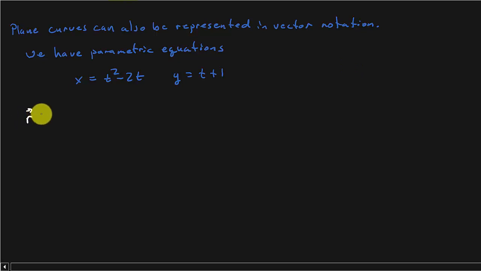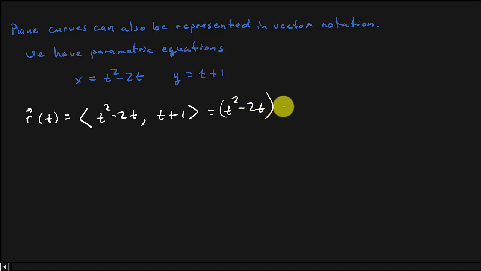Then we have r of t is equal to t squared minus 2t, t plus 1, which we can write as t squared minus 2t times vector i plus t plus 1 times vector j.